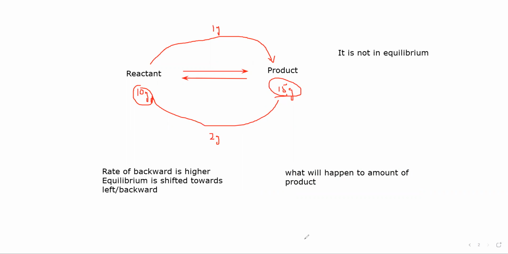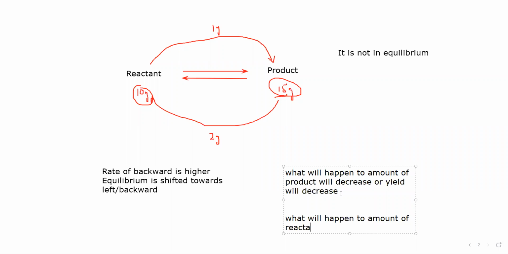So the overall amount of the product will decrease. Or we can say the yield, the term yield means amount of the product, will decrease. And what will happen to amount of reactant? Because the backward reaction is faster, the amount of reactant will increase.